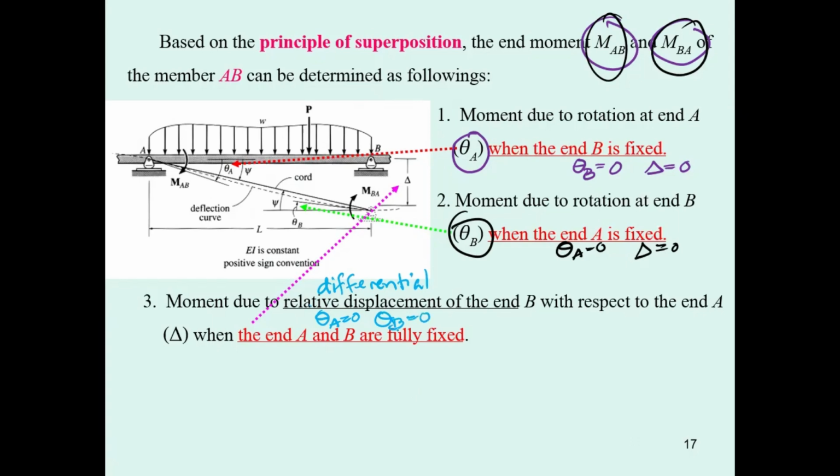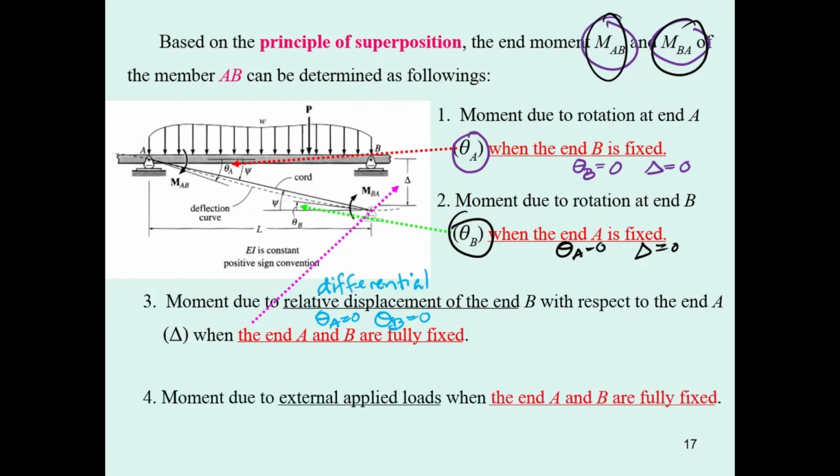And the last one is the applied loading, when zeta sub A equals 0 and zeta sub B equals 0. All these four conditions, when combined together, give the combination of all we have discussed before. But to do this, we have to follow the principle of superposition to reduce the complex problem into simple ones, and later we will combine them together.